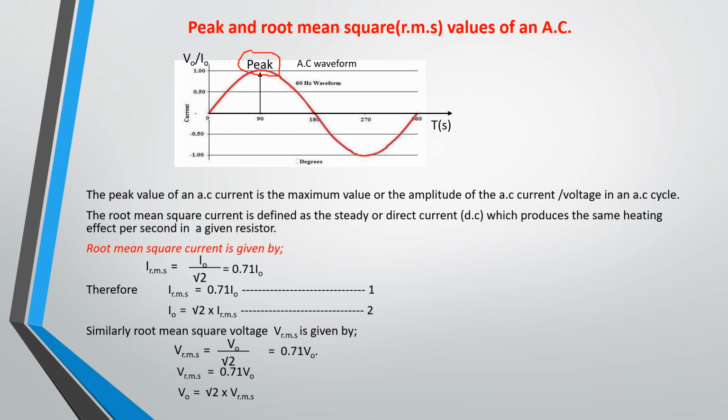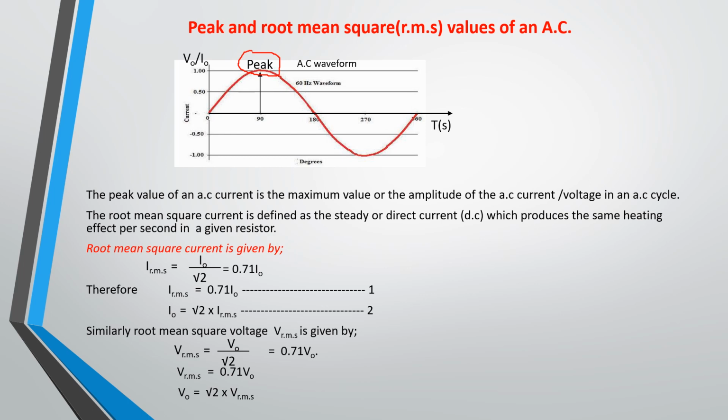In this particular case, you can say that they are in the same phase, so they have the peak value at the same time. So this is the peak value of your current and also the peak value of your voltage, as the case may be, because you are going to use these values to calculate your root mean square value and all that. This peak value is the maximum current or the maximum amplitude of the waveform.